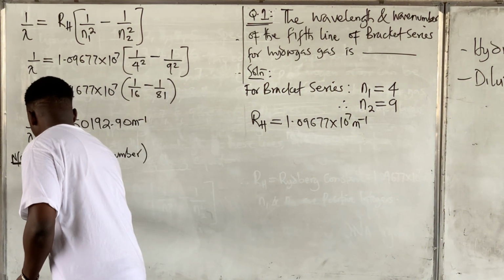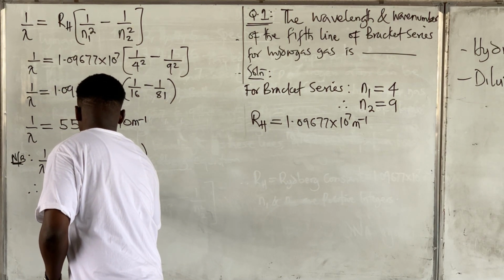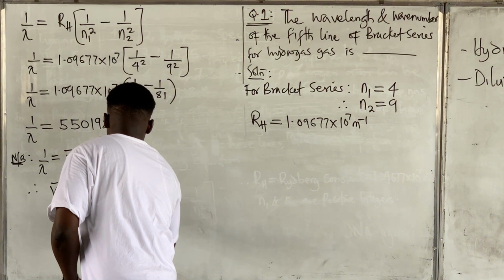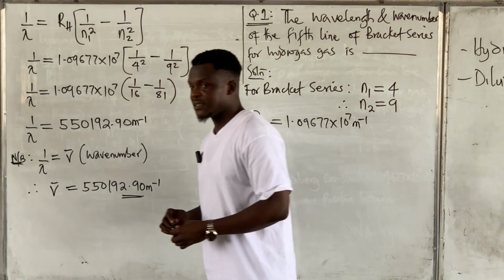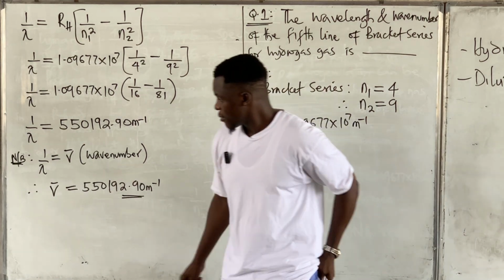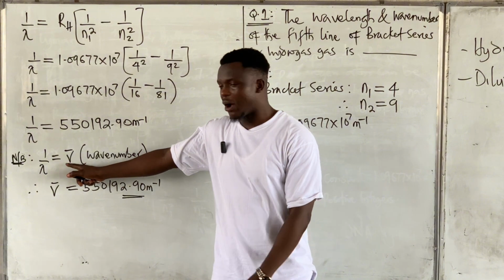So therefore, wave number is equal to 550,192.9. That is it. V bar. So this is our wave number.